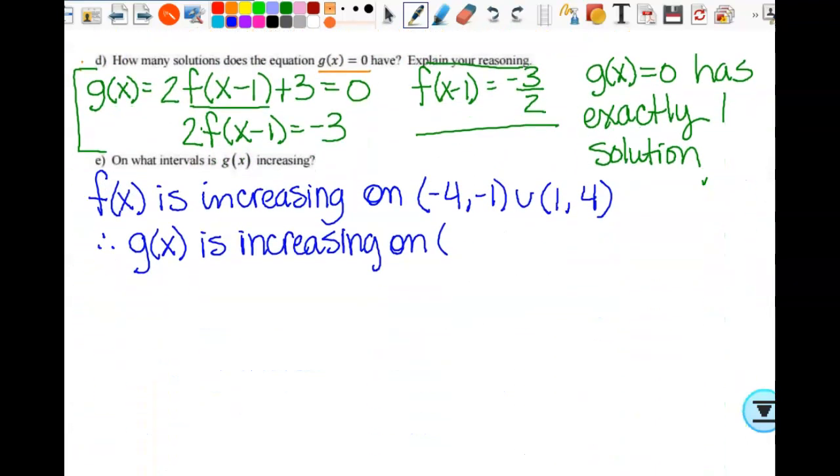So all I'm doing, since everything got shifted, is adding 1. This goes from -3 to 0, and then from 2 to 5. All right? Any questions at all? We good? All right, flip it over.